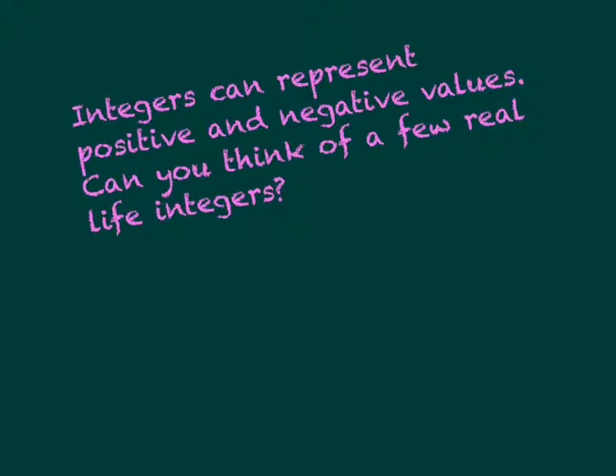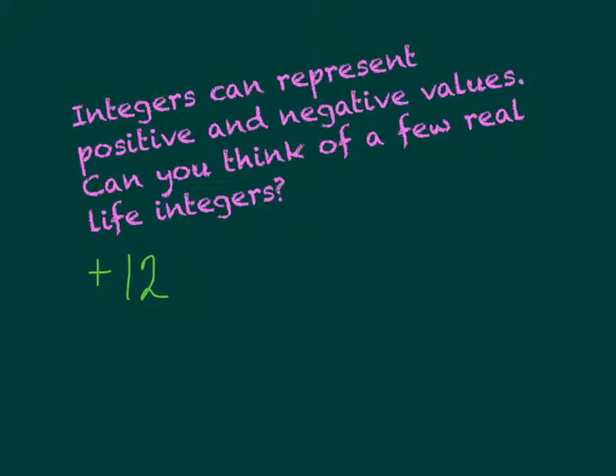Okay, in addition to the two examples, we can also think about integers in other real-life examples. Can you think of any other integers in real-life examples? What about if I deposit money into my bank account? Well, that would show that I am depositing $12, so that would actually be a positive number, a positive 12.